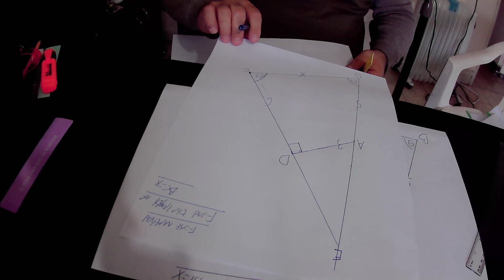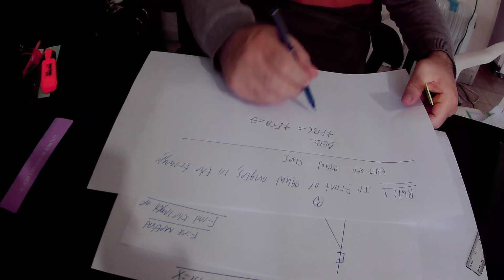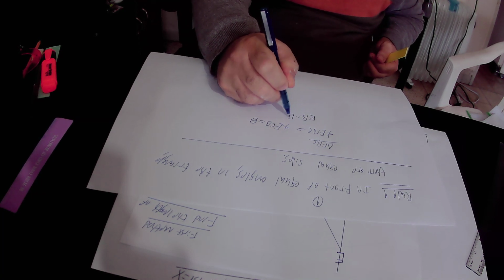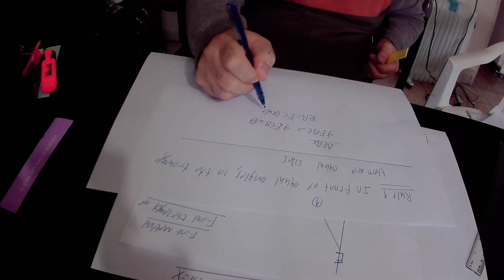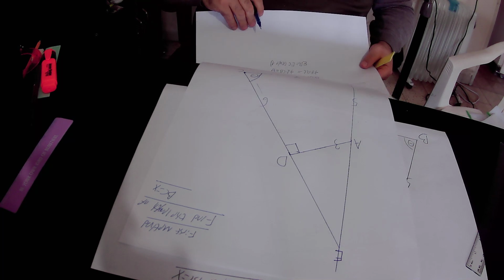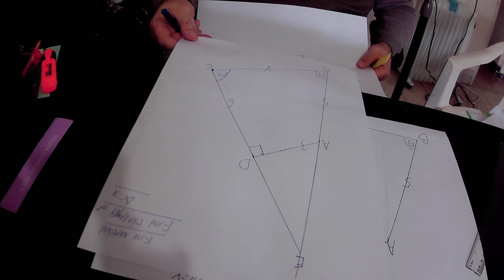Okay? According to rule number 1, side EB equals side EC. But what is the size of side EB?